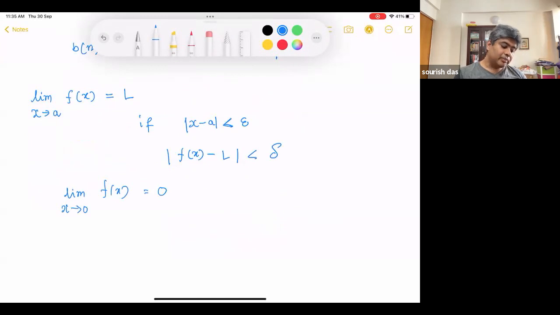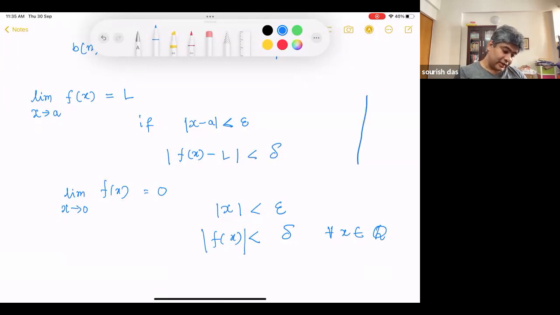For rational numbers also, so definitely |x| is less than epsilon, and then |f of x| is also less than delta, for all x in Q and in the irrationals. Correct? So therefore the limit definitely exists at 0.